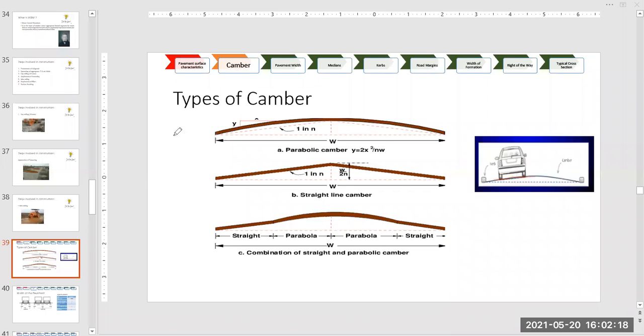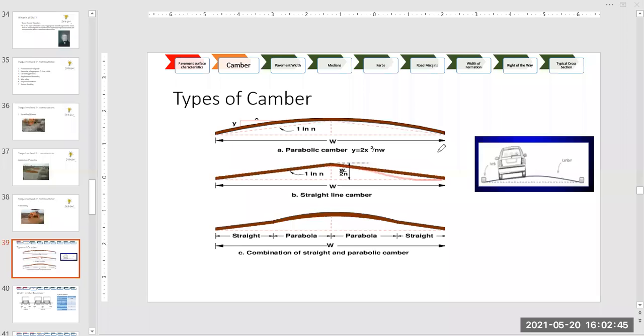Number one is the parabolic camber, and number two is the straight line camber, and the third one is a combination of the two, which is a bit difficult to execute in the field. But anyway, it is the optimum technique to be followed. But mostly people follow the straight line camber.